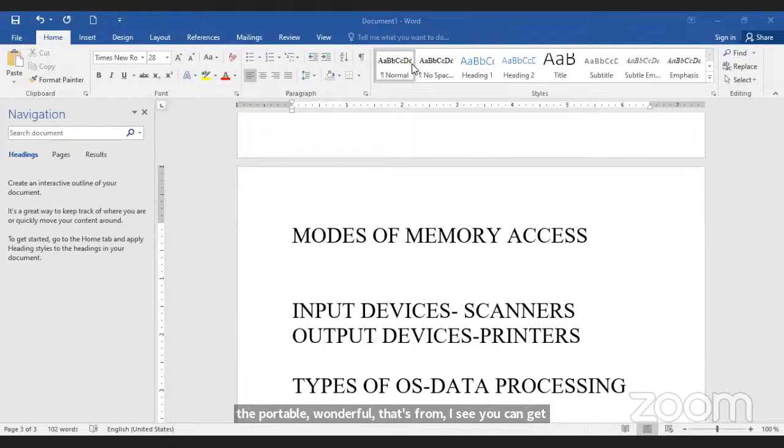Apart from portability, we have realized that these are also smaller in size. You can have a flash disk, very small, or a memory card, isn't it? Very small, but it carries 1,000 GB of data.